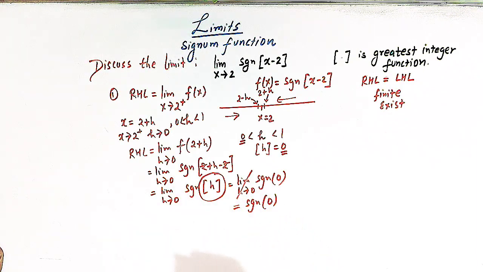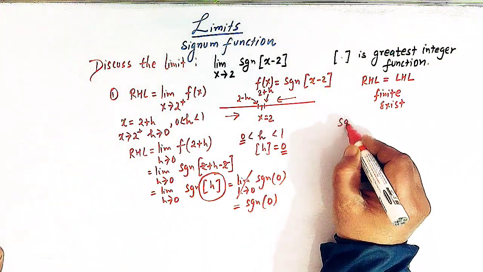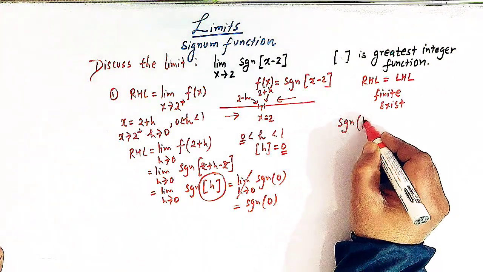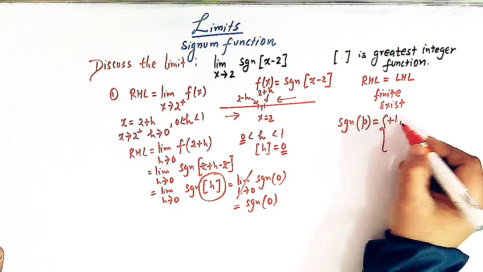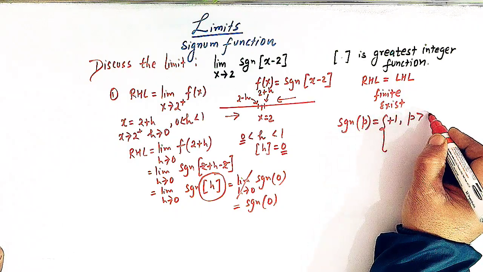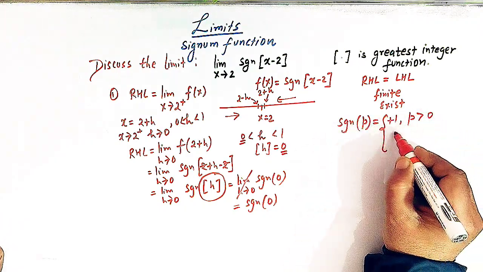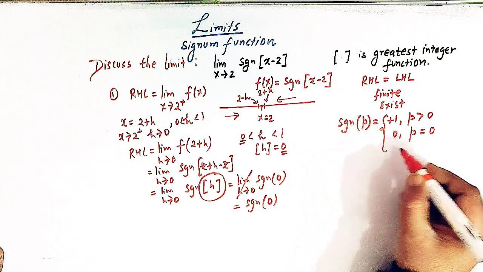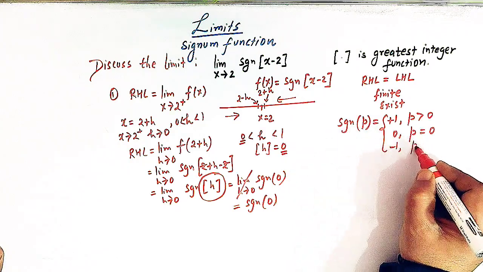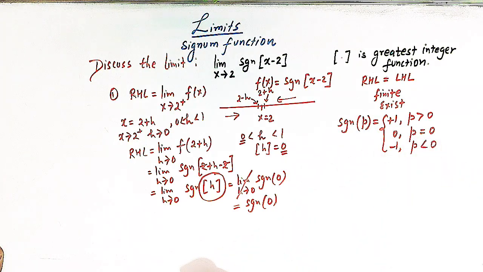And we know the definition of signum function, that is signum of p is defined as plus 1 whenever p is greater than 0. Signum of p is 0 whenever p is equal to 0, and signum of p is minus 1 whenever p is less than 0. Right?